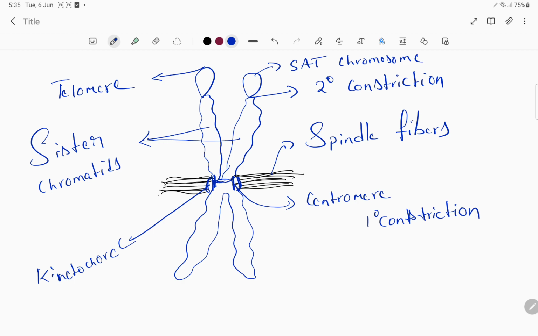The secondary constriction is the site where the nucleolar organizer will be. So it forms the nucleolus at the end of cell division. A part of the chromosome beyond the secondary constriction we call the satellite.